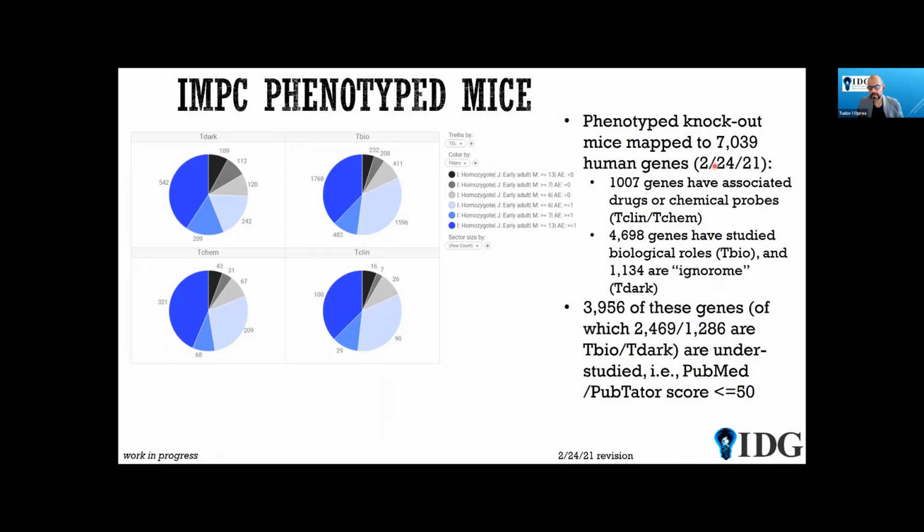And out of those 7,000, almost 4,000 are what would be considered understudied, as in having less than 50 fractional publications according to two different criteria, PubMed, which is Lars Jensen, and also PubTater. That we don't know.